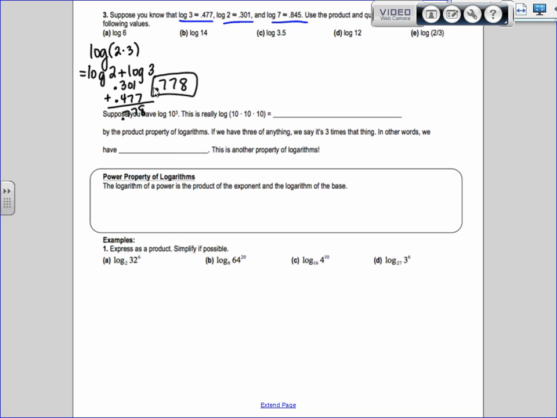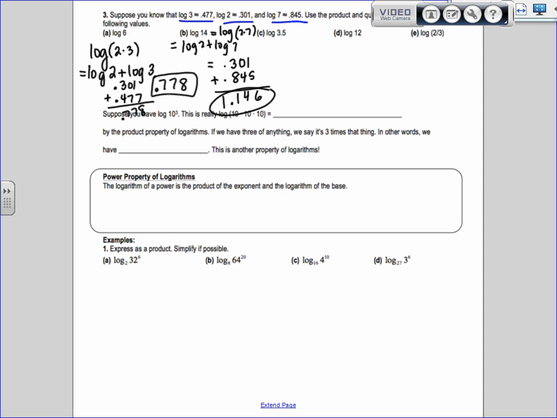Okay, so log of 14. Well, log of 14 is going to be log of 2 times 7, right? So it's going to be log of 2 plus log of 7. So I'm going to get 0.301, and I'm going to get 0.845. And I'm adding them. So when I do that, I add straight down 6, 4, 11, so 1.1. So I get 1.146. That's my answer. Easy to do without a calculator?